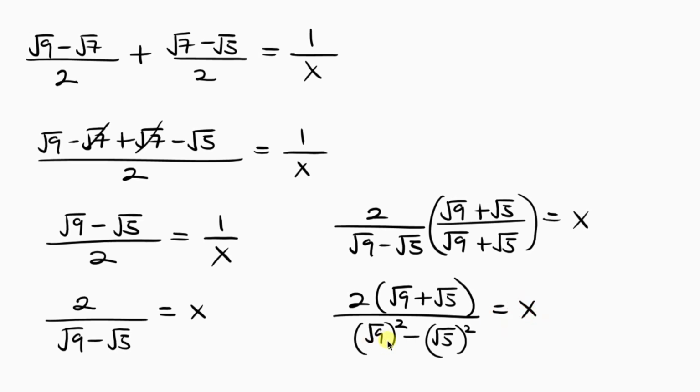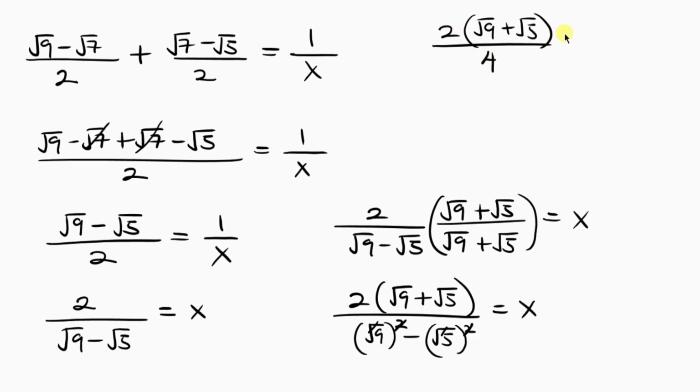And now solving this, we're going to be having 2 times the square root of 9, okay, that's plus the square root of 5 all over. Now the square here can cancel off this square, leaving behind 9. So the square here can cancel off this square, leaving behind 5. So 9 minus 5, I'm going to be having 4.